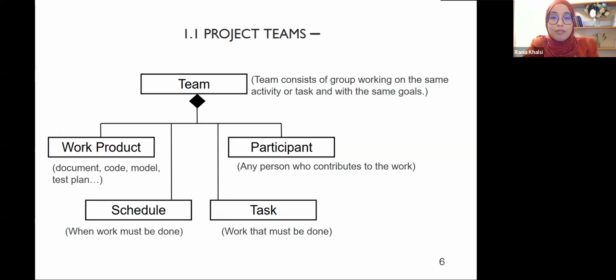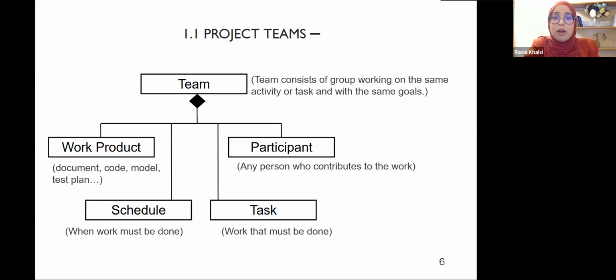And also we have other entities that are involved in the team, more related to the people who are working on the work product, which means documentation.